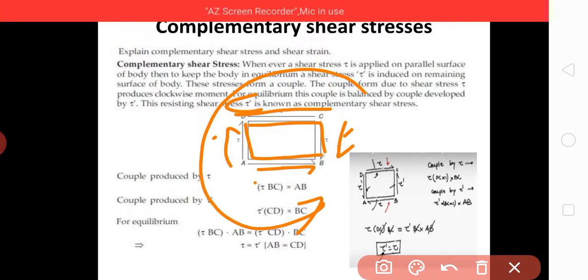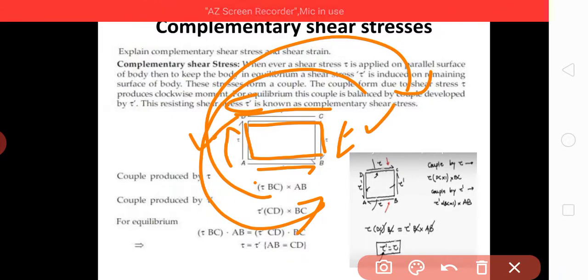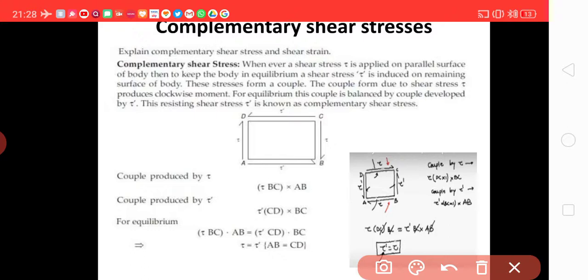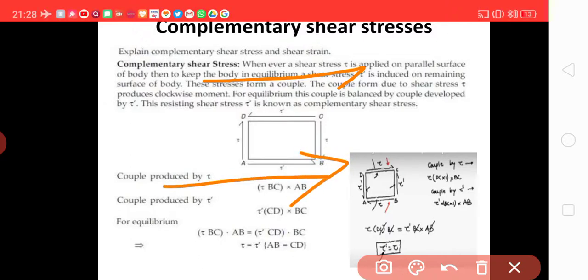To counterbalance, these stresses which are complementary to these two are called complementary shear stress. Note that shear stress is denoted by a half arrow, and normal stress is denoted by a complete arrow.